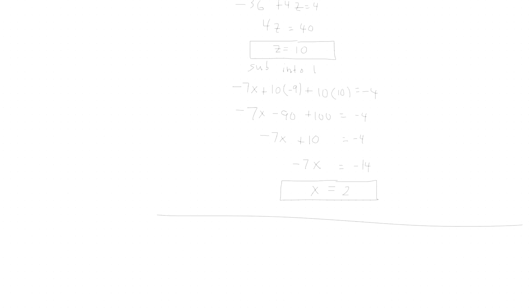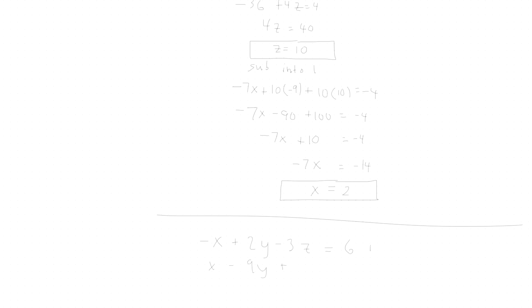Tell me the equations. Negative X plus 2Y minus 3Z equals 6. Okay, that's equation 1. Equation 2: X minus 9Y plus 7Z equals -5.